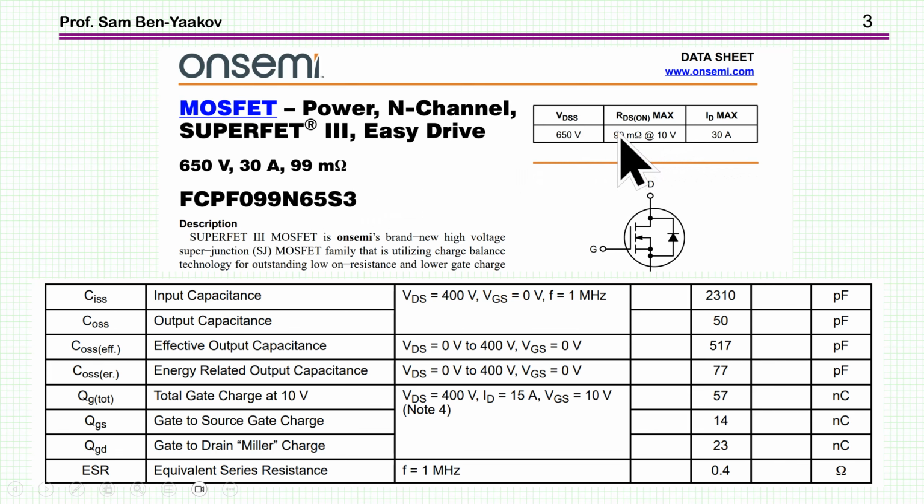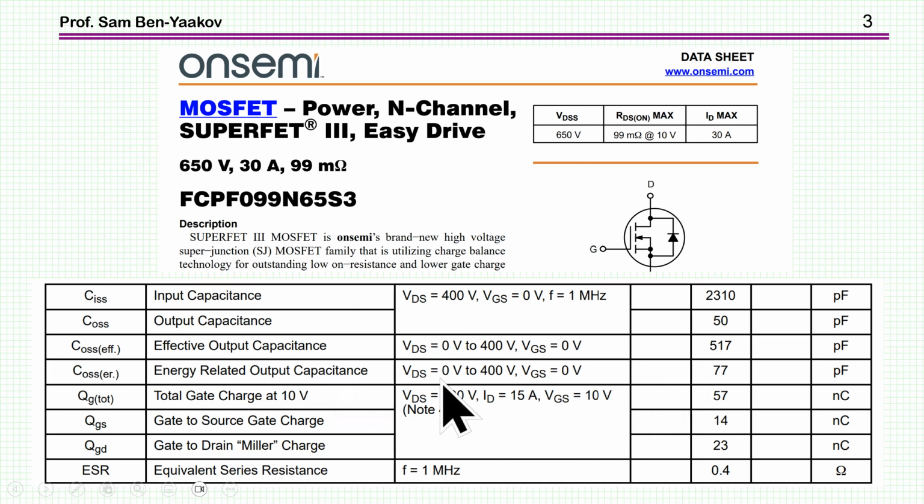In recent years, we find that manufacturers are aware of this issue of energy related capacitance, and we can see now in recent data sheets some information related to it. For example, here we have this energy related output capacitance, which is this capacitance I was talking about, but this is one point.